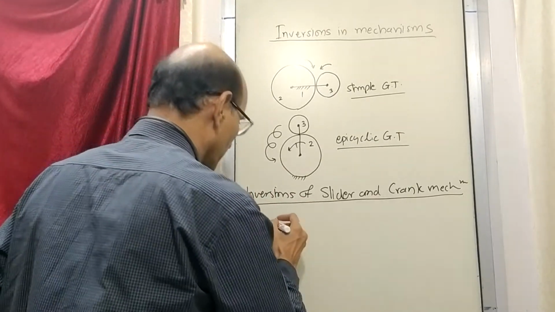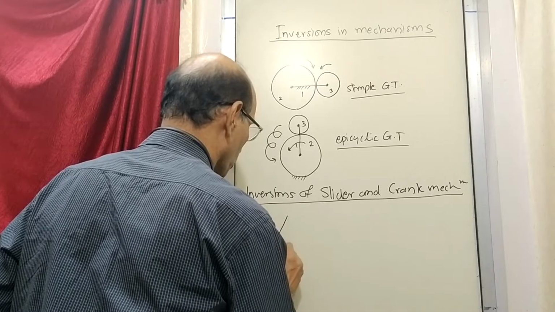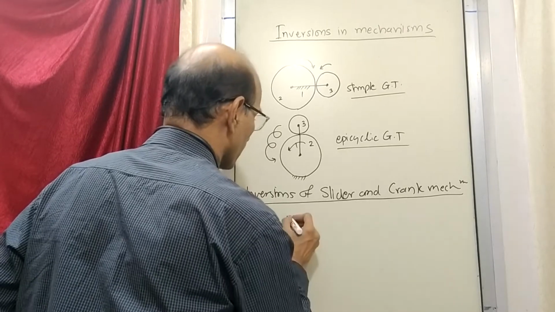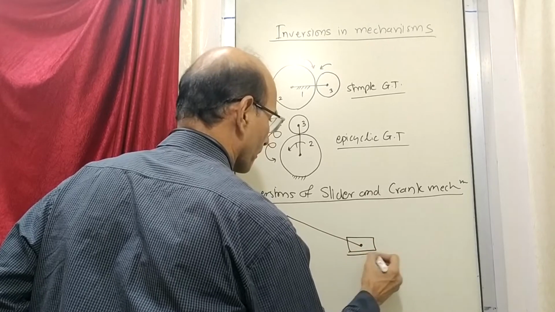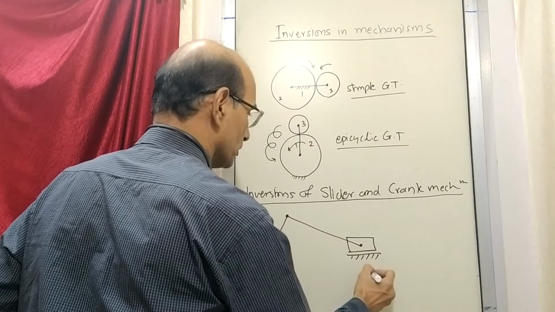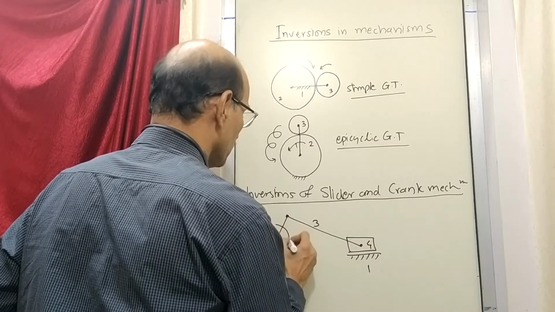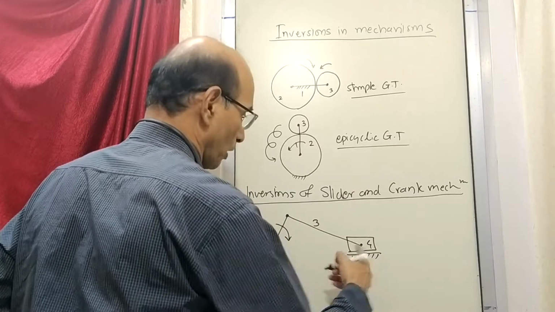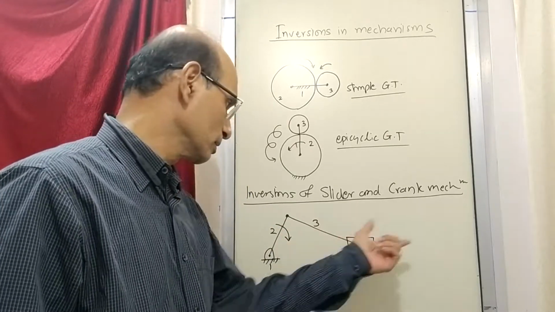So let me draw the mechanism first, which all of you already know. We call this link number 1, this is link number 2, this is 3, and this is 4, and we are fixing link number 1, and we are giving input to one of the links like 2 and then 4 slides.